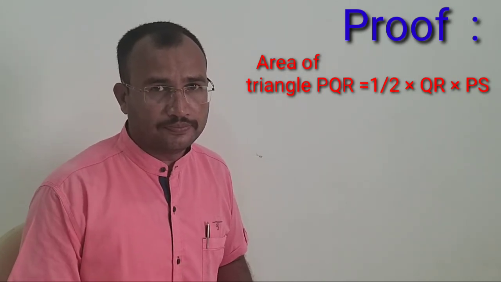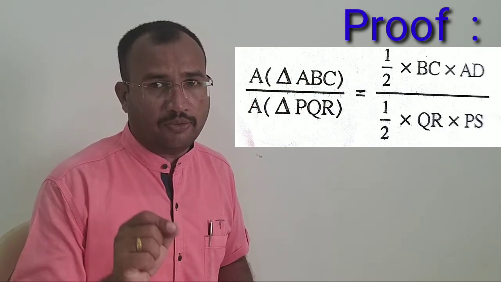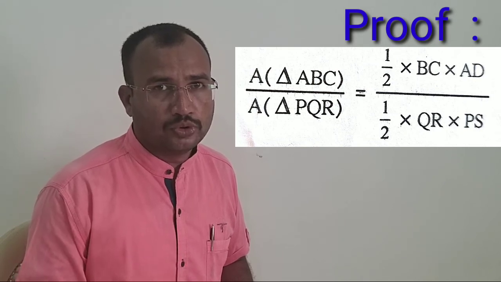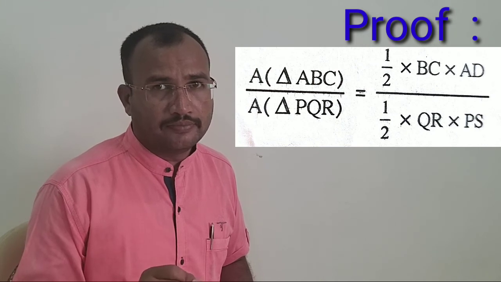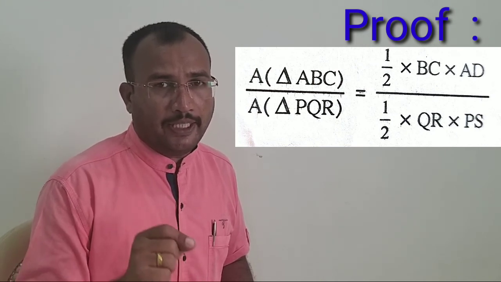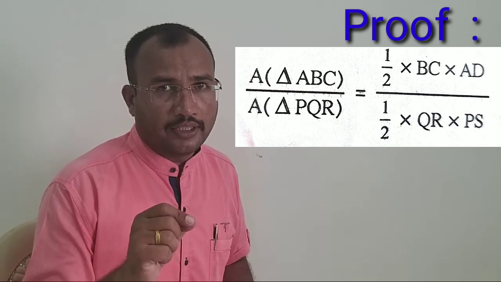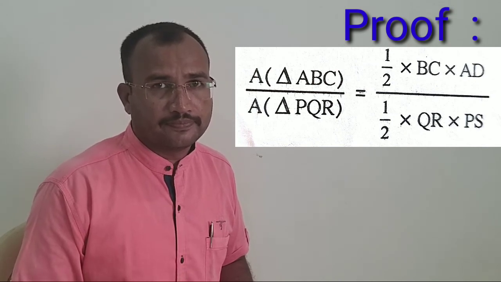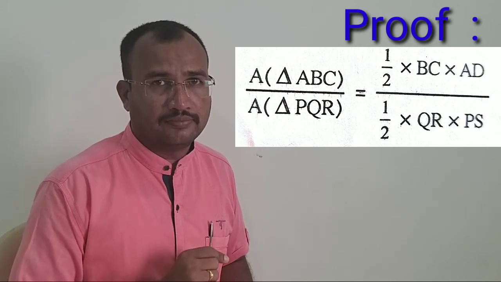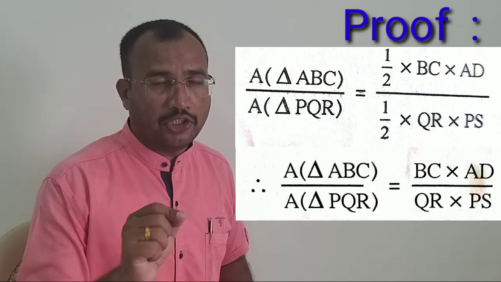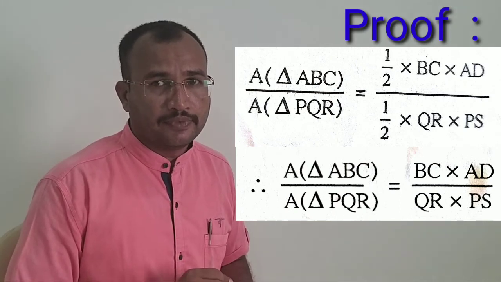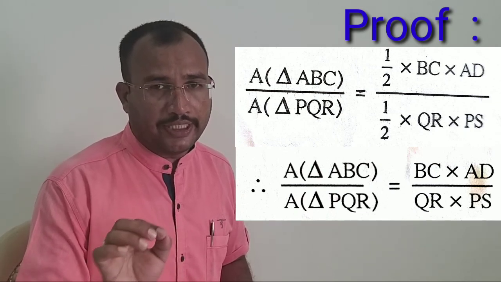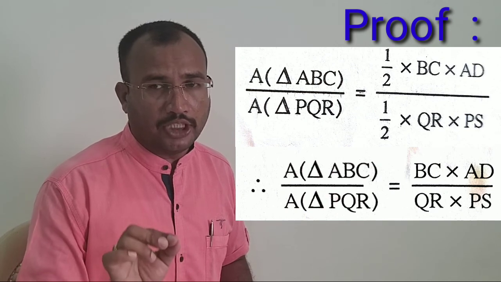If we take the ratio, area of triangle ABC divided by area of triangle PQR equal to 1/2 into BC into AD divided by 1/2 into PS into QR. 1/2 gets cancelled, remaining area of triangle ABC divided by area of triangle PQR is equal to BC into AD divided by QR into PS.